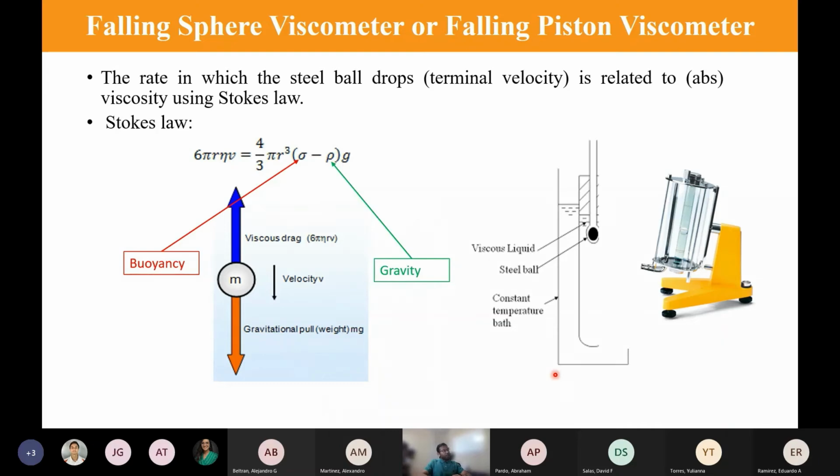Then comes the falling sphere viscometer. The concept is very similar to parachute dropping, like paratrooping. Can you guys tell me how the parachute works, or how the fluid works on the paratrooper when he jumps from the plane?